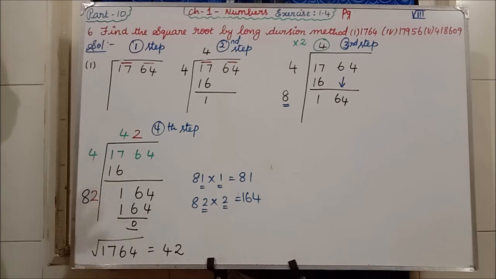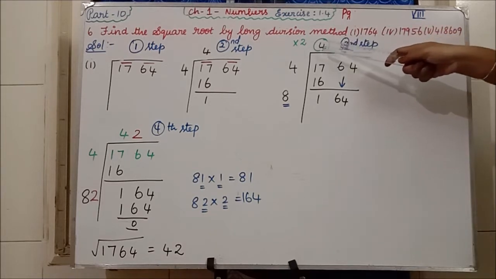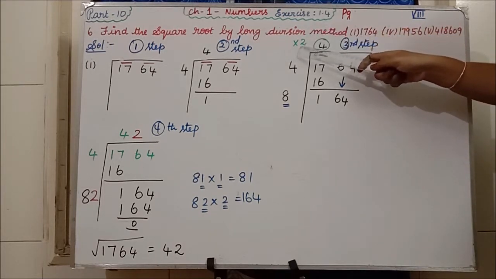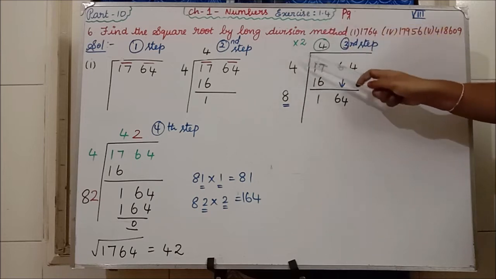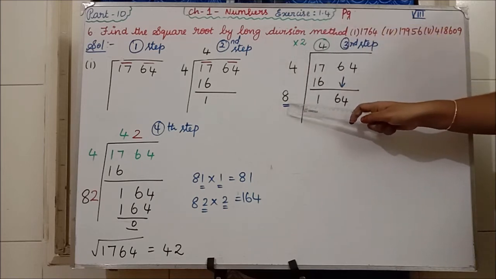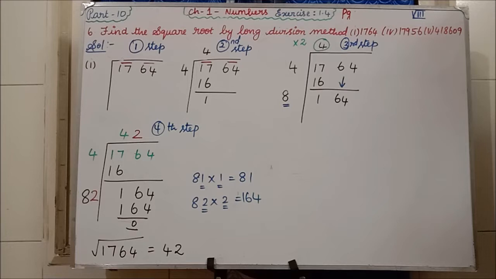Only 2 you have to multiply with that number. Clear? That is the third step. Since in the quotient we have a 4, that number we have to multiply with 2. In the next step, 4 2s are what? 8. That number you have to write here.